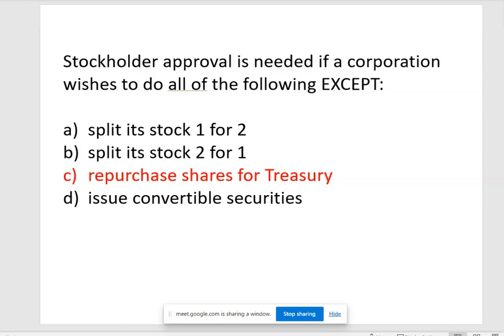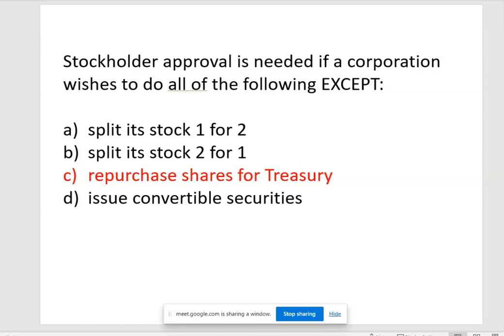Now, things that do affect like the stock split, which affects the par value of a stock. It's kind of a restructuring of the company that requires shareholder approval. By the way, stock dividends do not require shareholder approval. The stock dividends are giving out shares of stock basically from retained earnings, right? From funds it has left over from its profits.